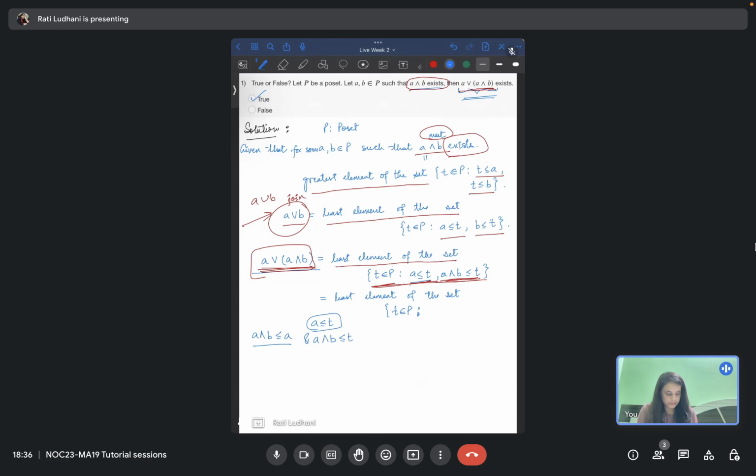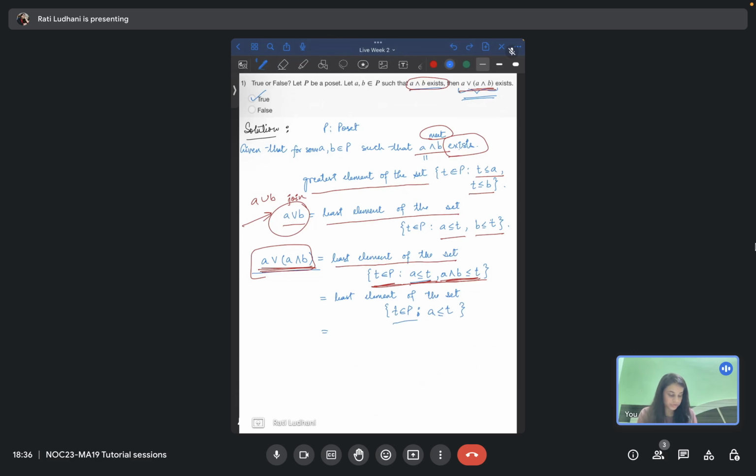So if I just say A is less than or equal to T, then this is enough, right? Because if this exists, then A meet B is less than or equal to T anyway, because this holds: A meet B is always less than or equal to A. So this set is basically with A. Now what does that mean?